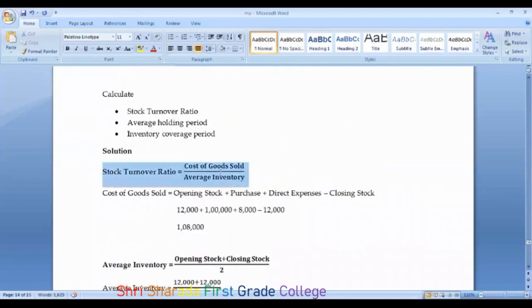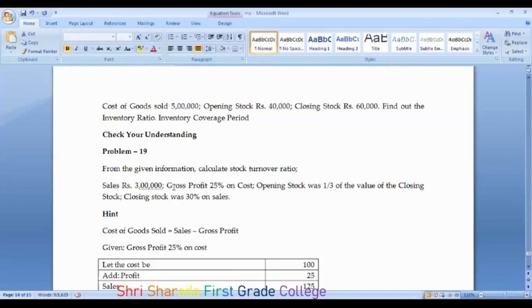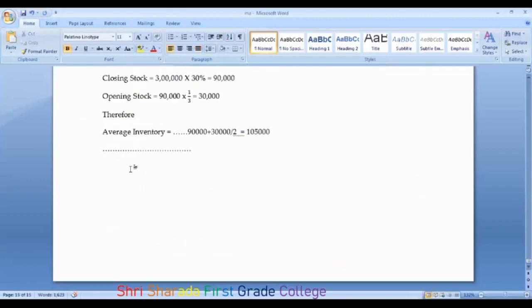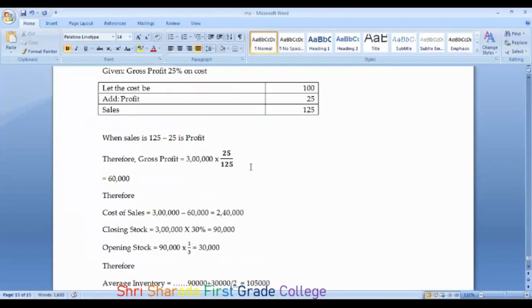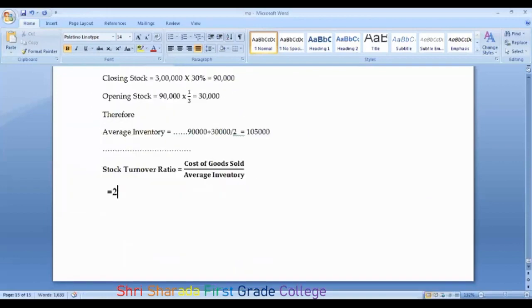Stock turnover ratio is equal to cost of goods sold, which is 2,40,000, divided by average inventory, which is 1,05,000.